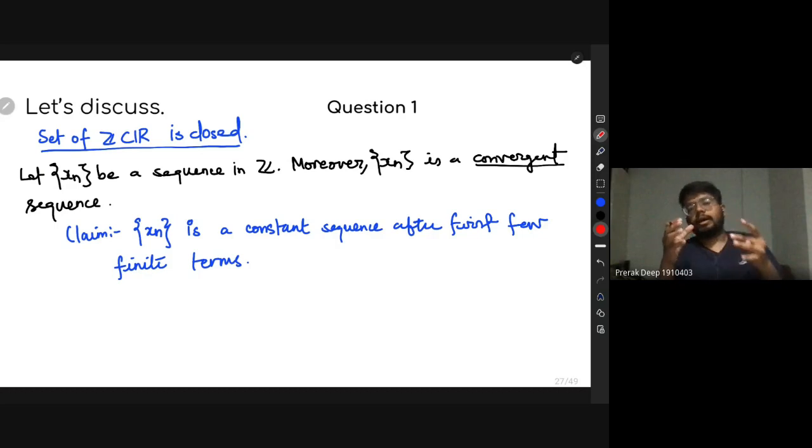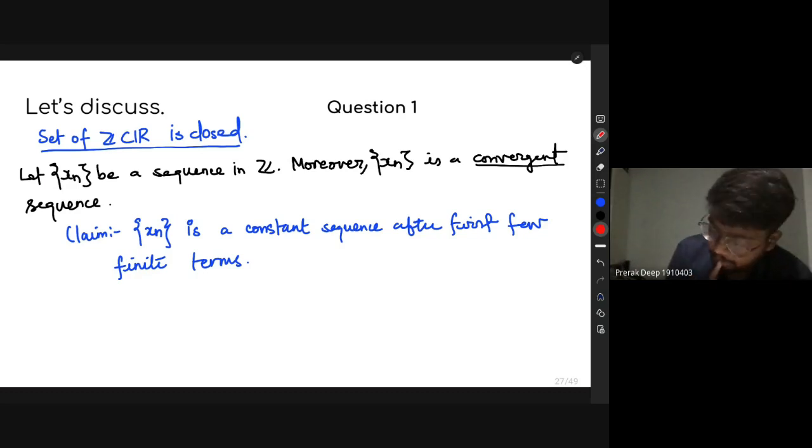After finitely many terms, the remaining part of the sequence, which we also call the tail of the sequence, is nothing but a constant sequence.